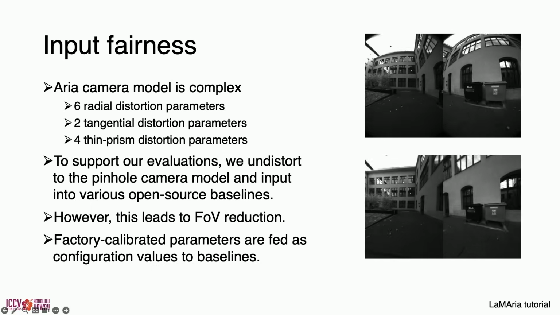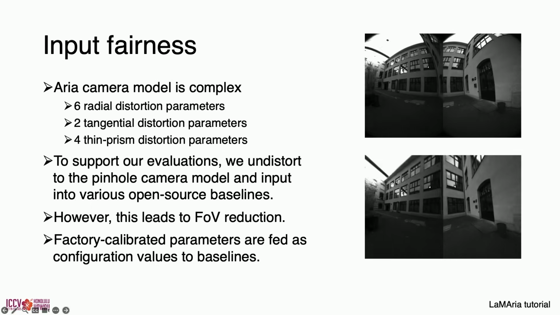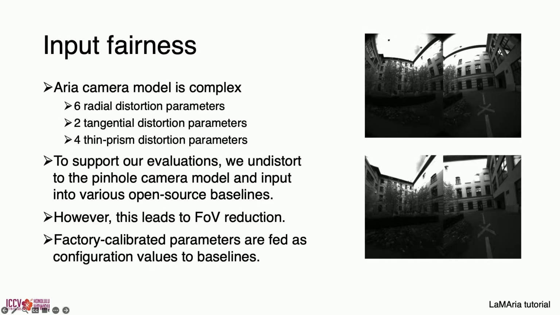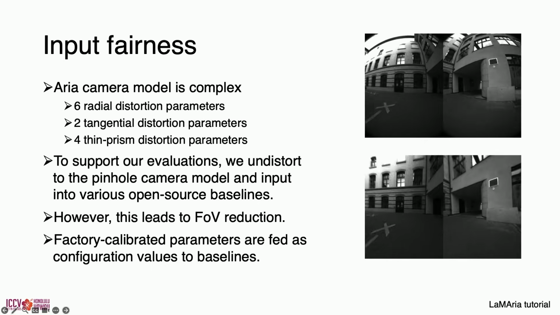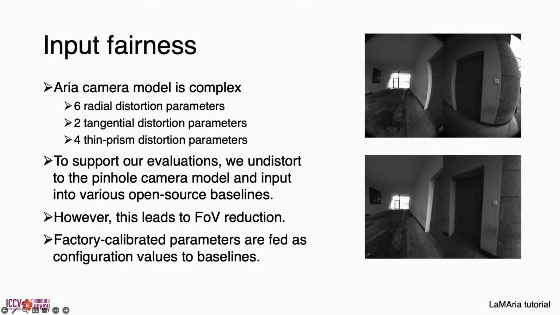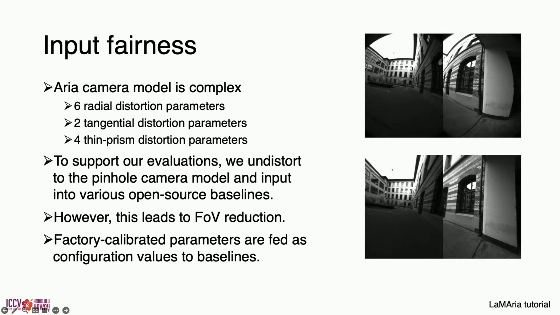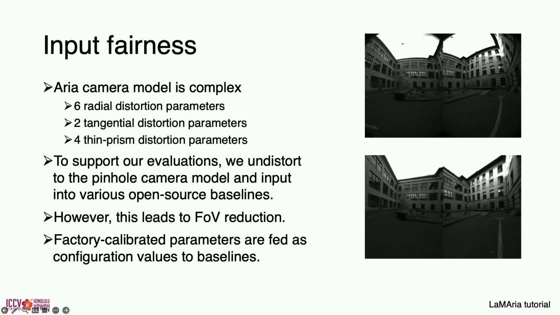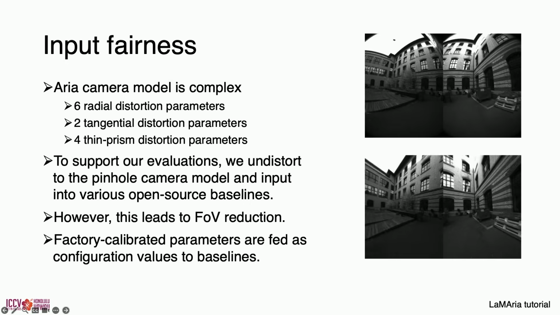This can be a little bit of a disadvantage because it reduces field of view, but it was just a design choice which we selected. Finally, we fed in factory calibrated parameters, which are per sequence, as configuration values to all the open source academic baselines.